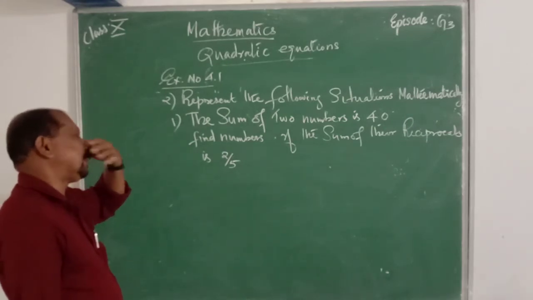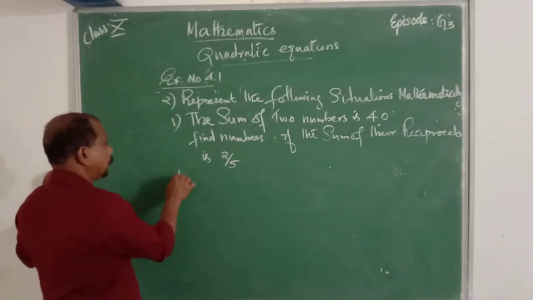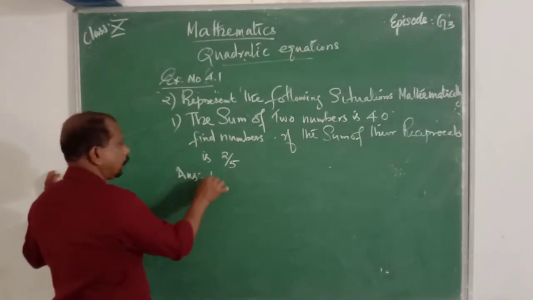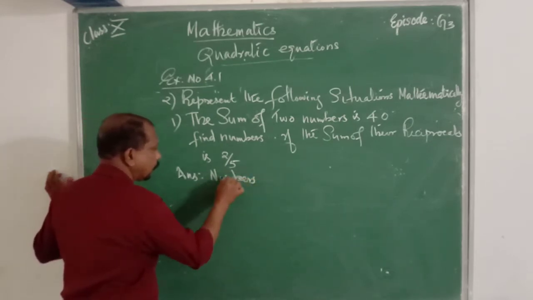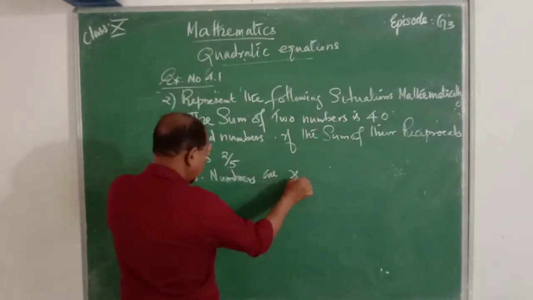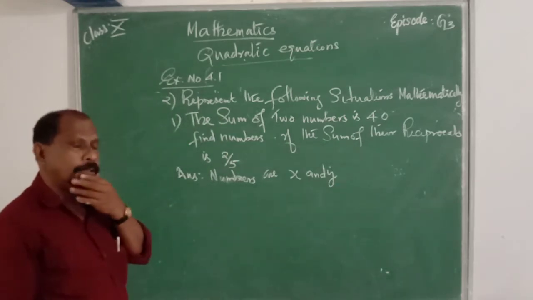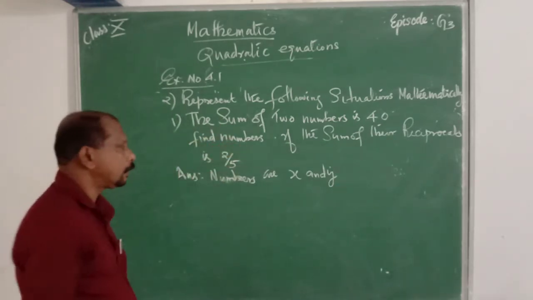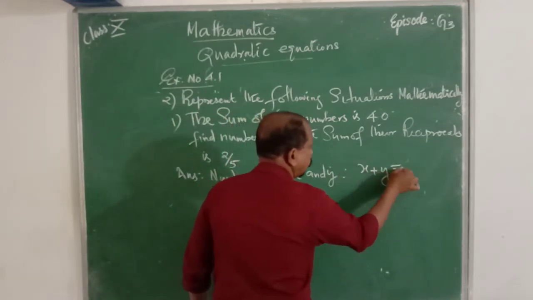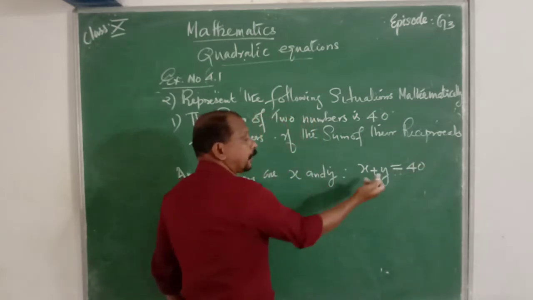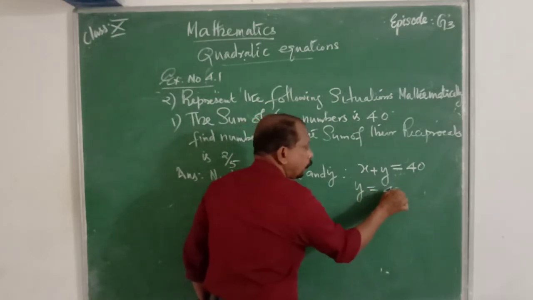Let us consider that there are two numbers. They are unknown. Therefore, the numbers are x and y. Then what is the sum? It is 40. Therefore, x plus y is equal to 40. There are two variables, but we can convert the variable in terms of x. Therefore, y is equal to 40 minus x.